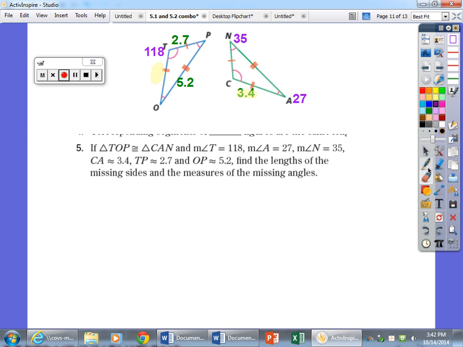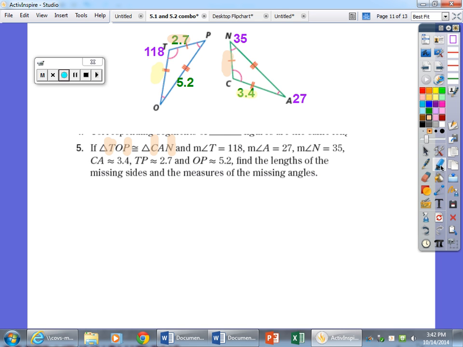And then if we want to look at TP, we're looking at the T and P. We know that TP is going to be congruent to CN. So that means since TP is 2 7/10, so is CN.